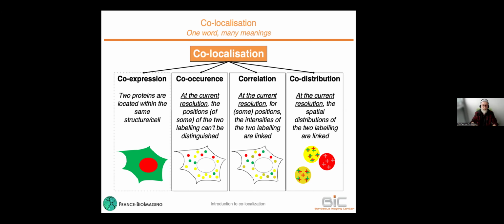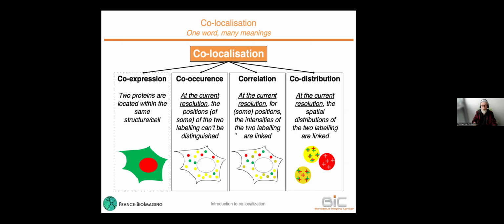At some point, this reference might be the resolution. For instance, here you've got co-occurrence, meaning that the two proteins are at the same place. But what do you mean by same place? Because of course, if you are taking the crappiest objective, everything will be colocalized.